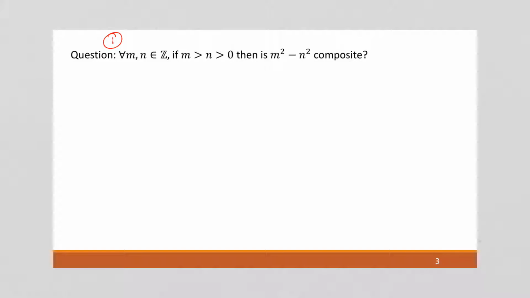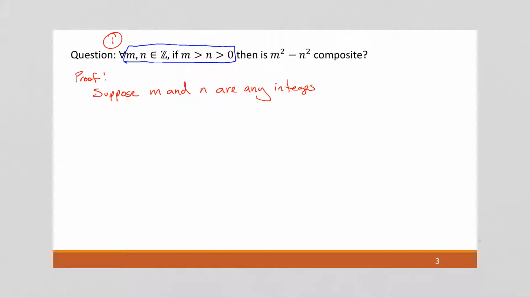So if it's in the correct form, what do we want to do? We want to start by supposing this first part of the statement. So, proof. Suppose m and n are any integers such that m is greater than n is greater than 0.